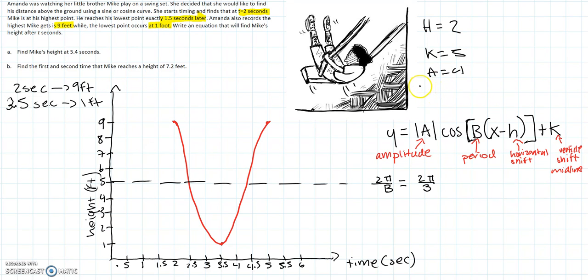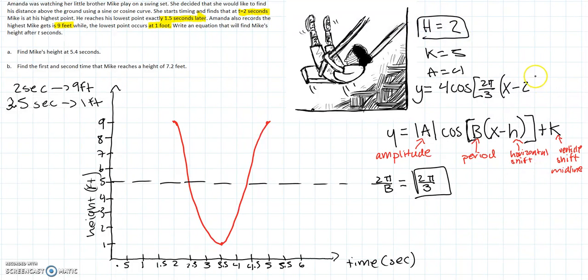So it is going to be y equals amplitude, which is 4, cosine, brackets 2 pi over 3, which is our period right here, parentheses x minus 2, which is our horizontal shift right here, plus 5, which is our midline or our k.